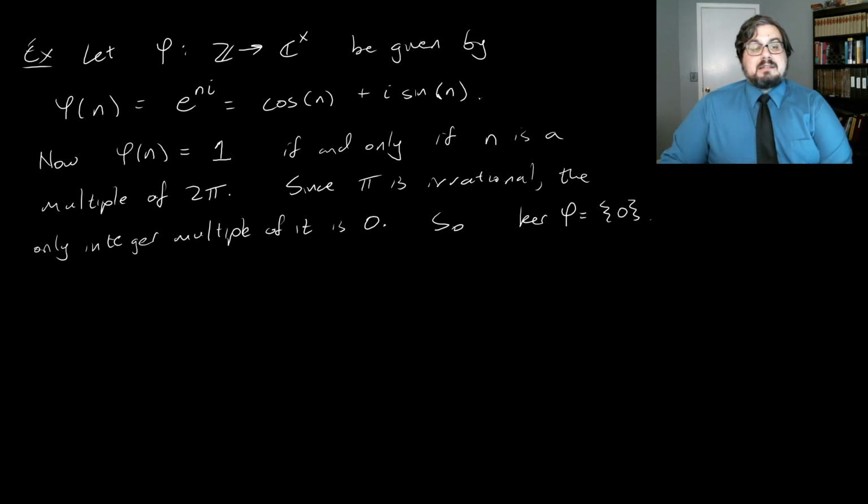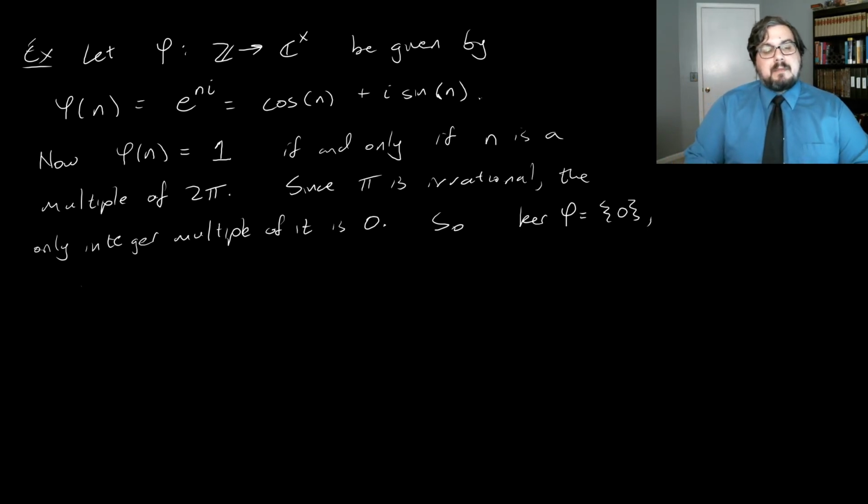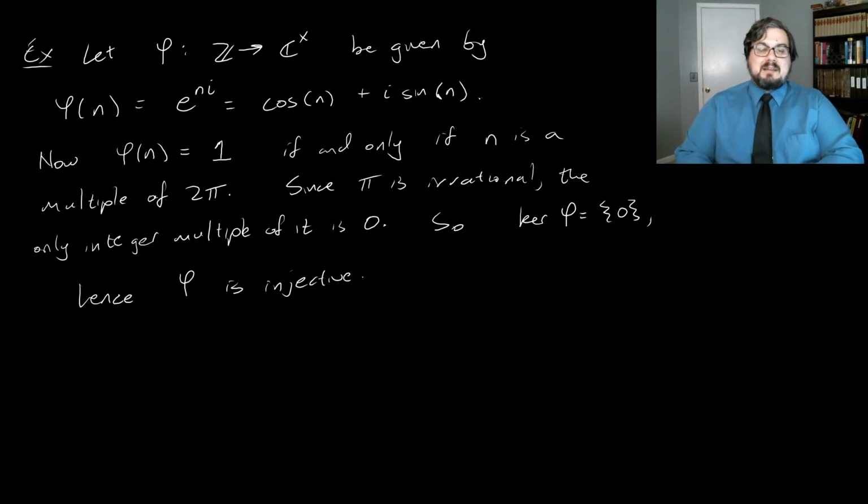So we've got a whole bunch of complex numbers that we get out of this, but what this argument shows is that this phi is injective. That is, you'll never get the same complex number out of this function phi when plugging in 2 different integers.